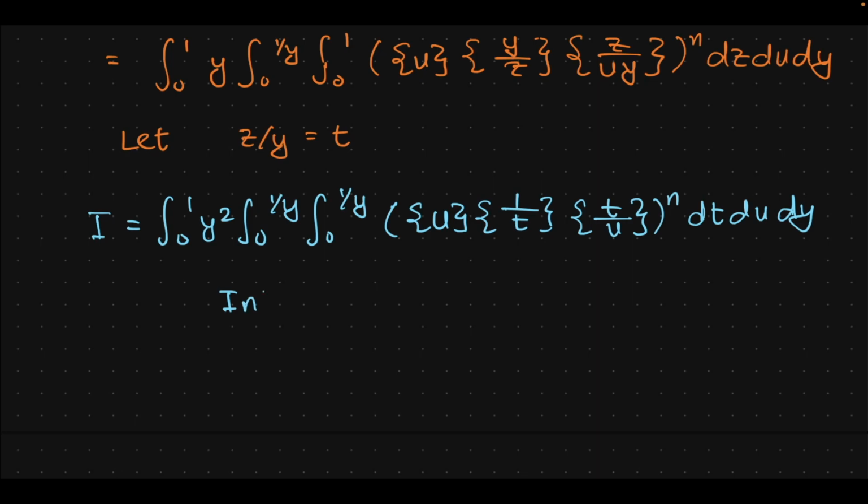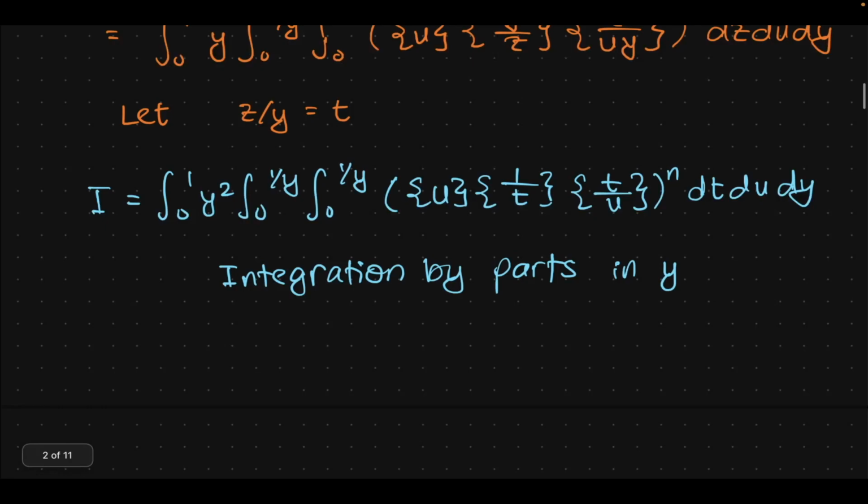Now what I want to do is integration by parts, but you may ask the better question, with respect to what variable? So I will say in y. So that means whenever we integrate, we're going to integrate with respect to y, and when we differentiate, we're going to differentiate with respect to y.